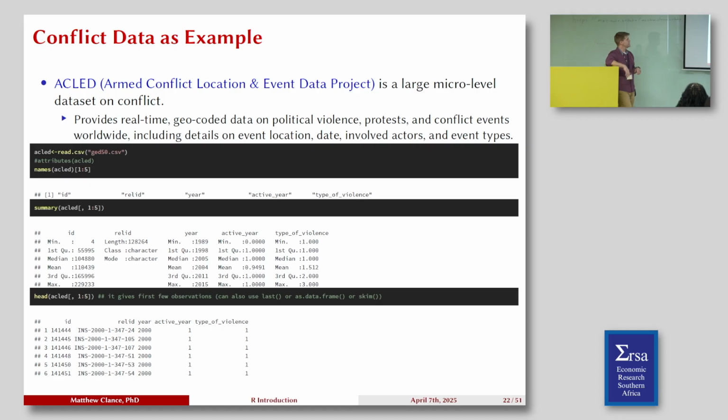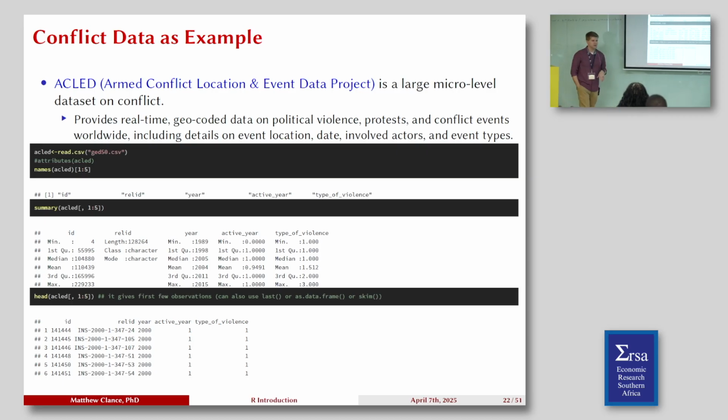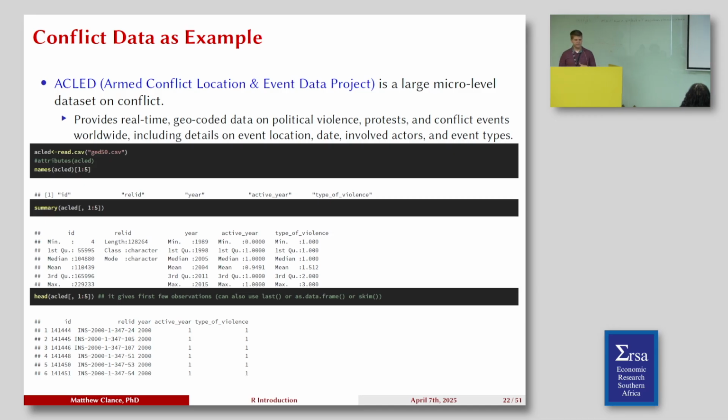It's some work I did with her in terms of conflict, and this is the ACLED conflict database, which is basically taking as much information as possible from various sources, typically news organizations, the news feeds that collect information when there's some form of conflict.